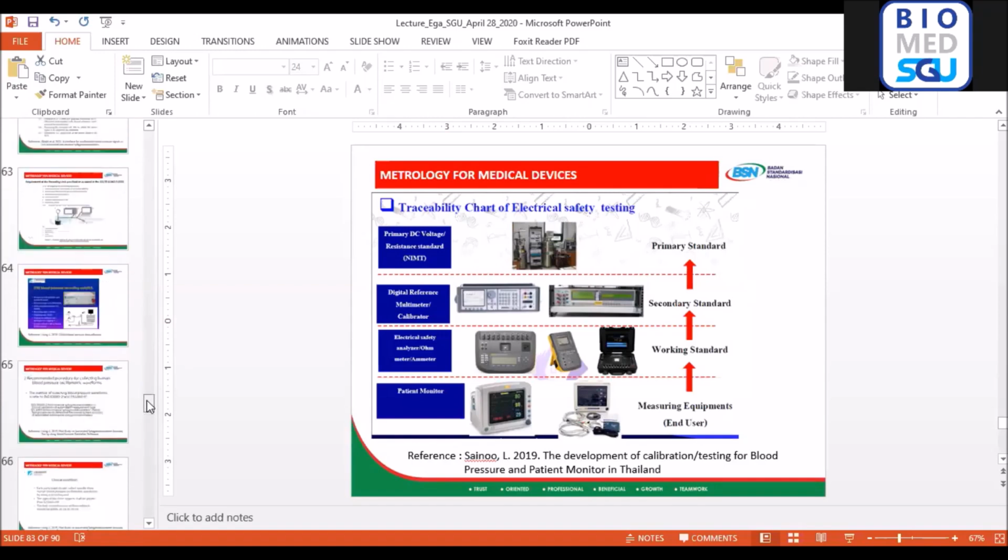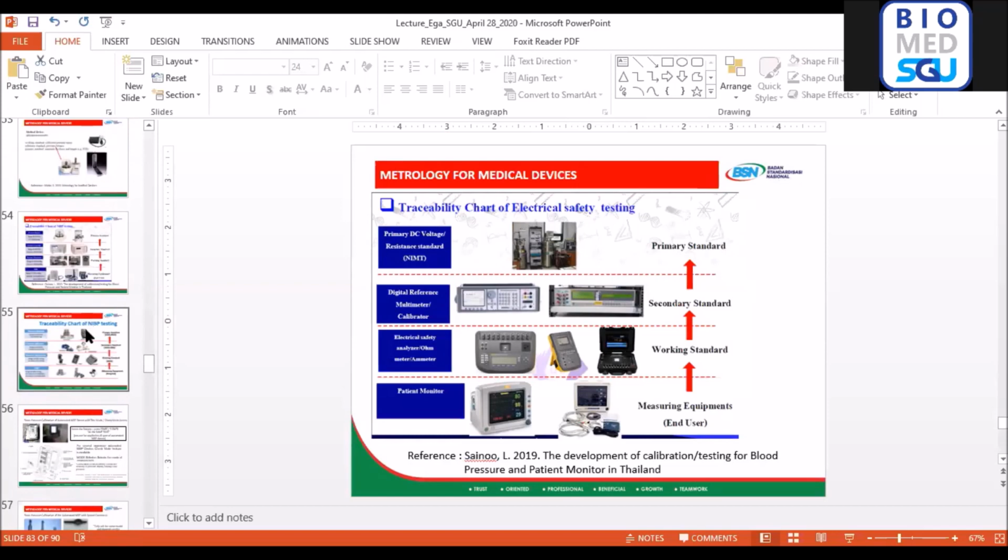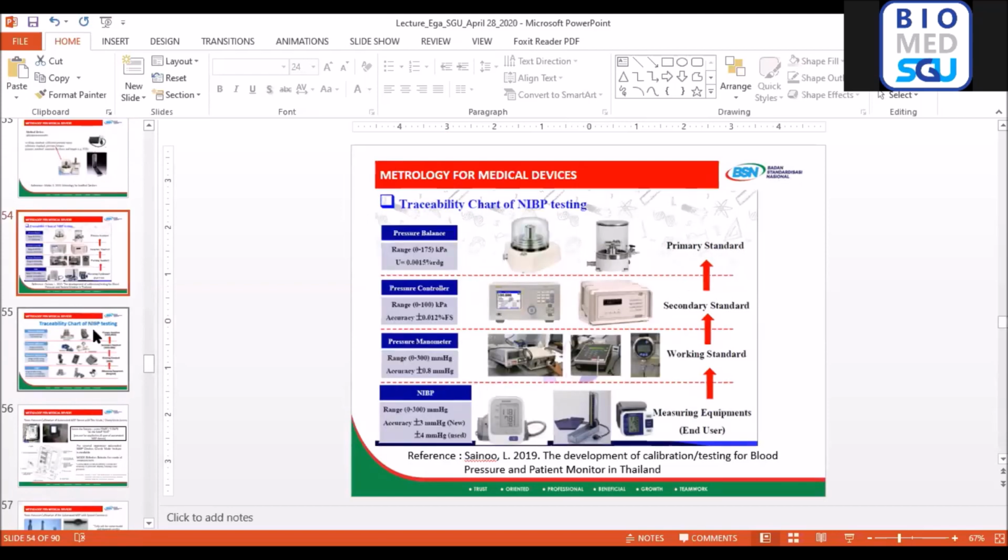As far as I understand, we as the end user need only to calibrate against the working standard. Then the working standard in the lab has to be calibrated against the secondary standard from the national lab, and then the national lab should also have been calibrated with the primary standard. So this is traceability. It doesn't mean that our equipment has to be calibrated against all the standards. That's my understanding, but maybe Pak Ega can explain it better.